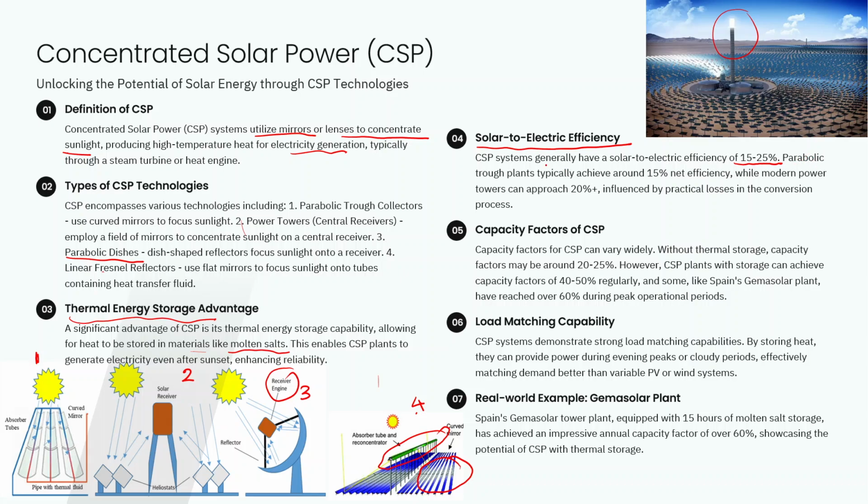The parabolic trough plants typically achieve around 15% net efficiency, while the modern power towers, the power towers that we talk about here, have an efficiency of more than 20% and are becoming more and more popular, specifically in desert environments where you have large land and plenty of sunlight.